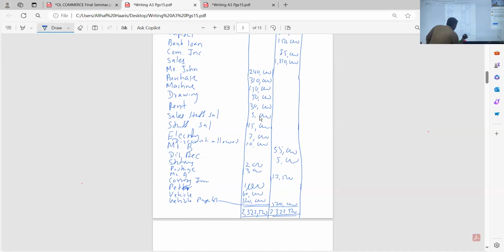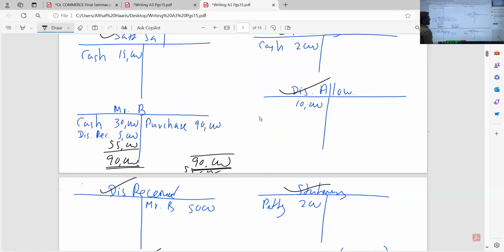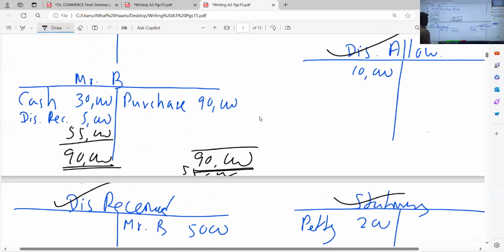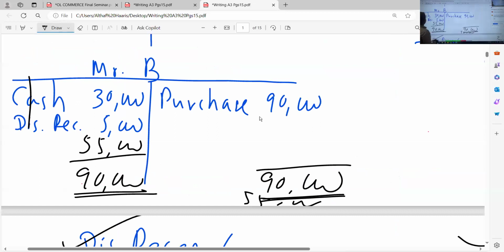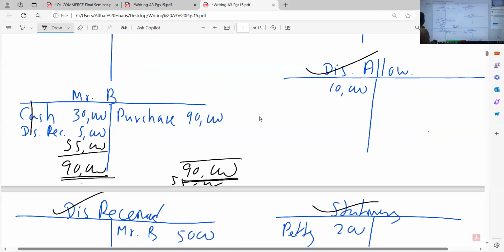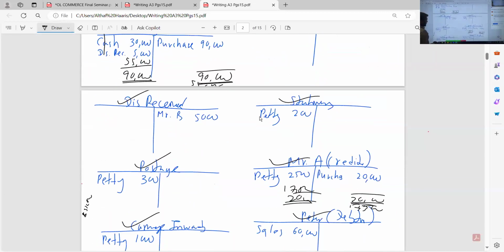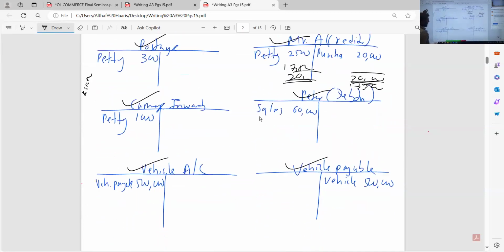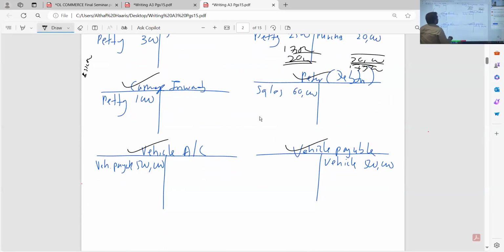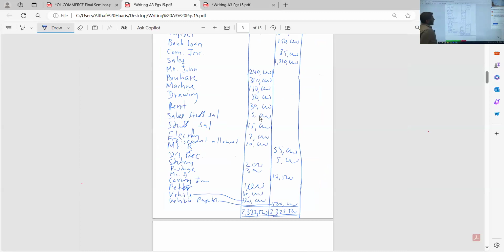This is the vehicle 500,000, and this is vehicle payable 500,000, because that 500,000 is not yet paid, no? Flag this 500,000, not yet paid. Okay? Understood?